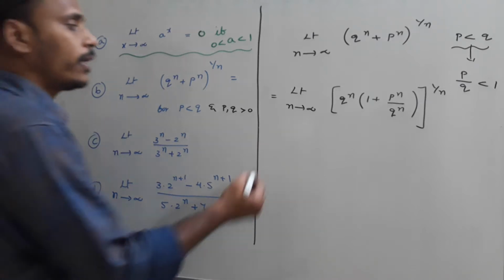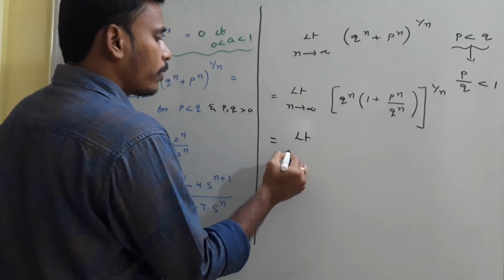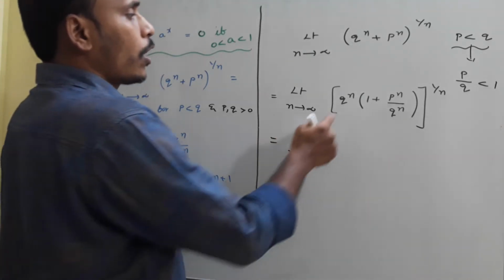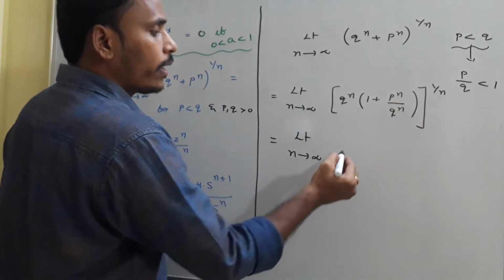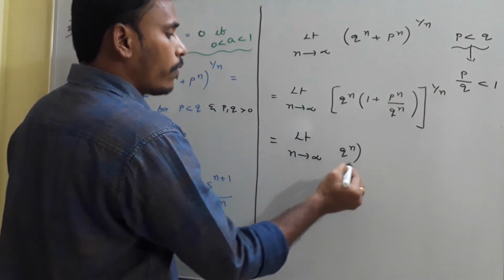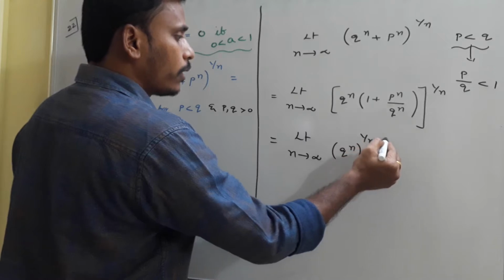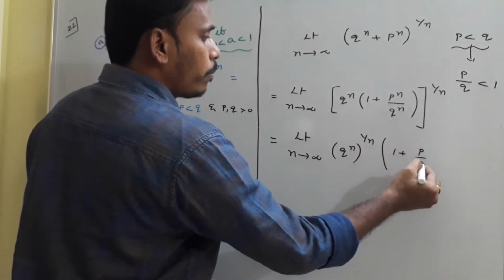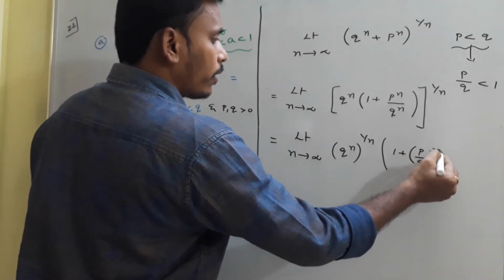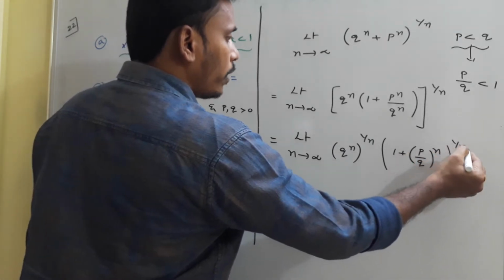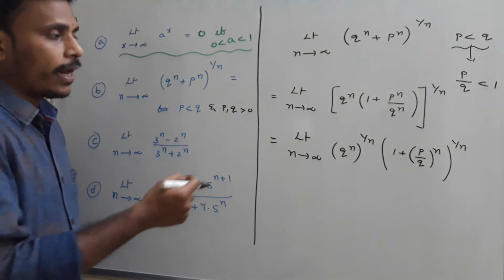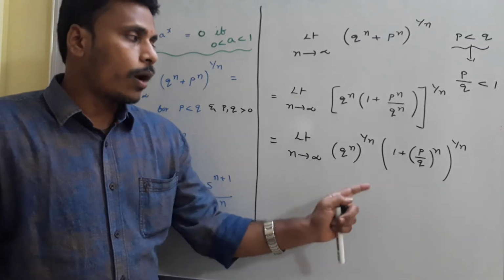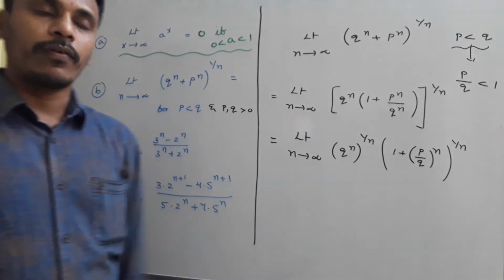Then this is equal to limit n tends to infinity of (q power n) power 1 by n, which can be written as (q power n) to the power 1 by n into (1 plus (p by q) to the power n) and whole to the power 1 by n.